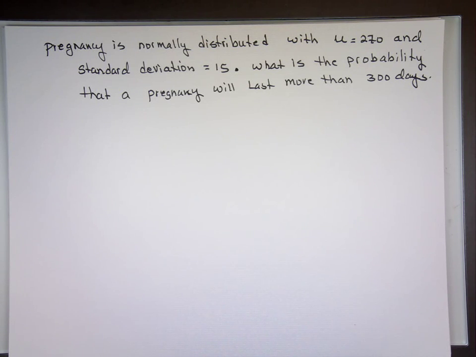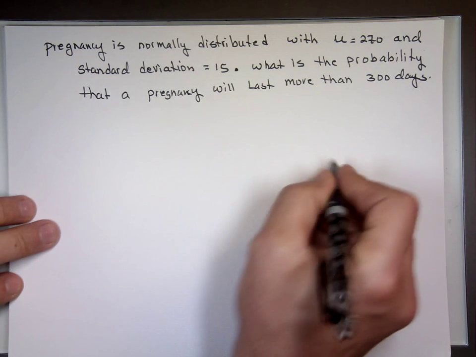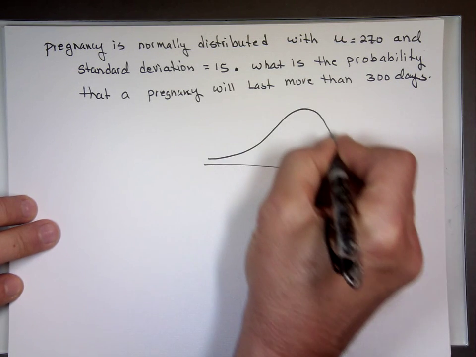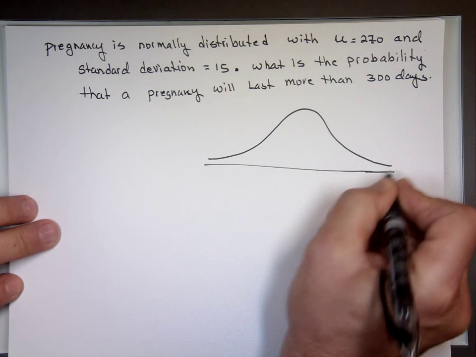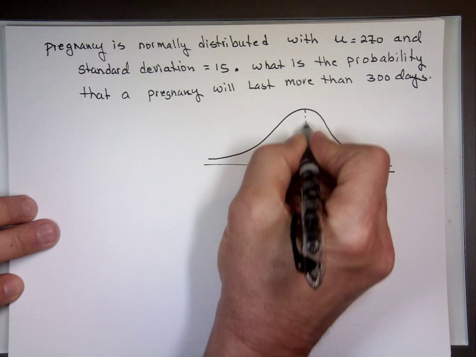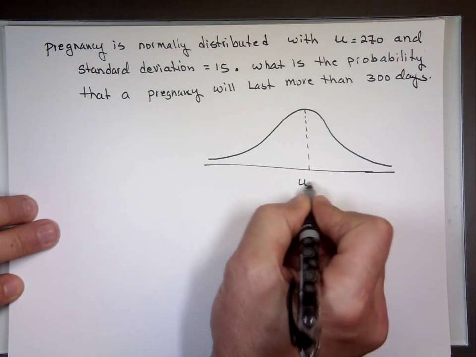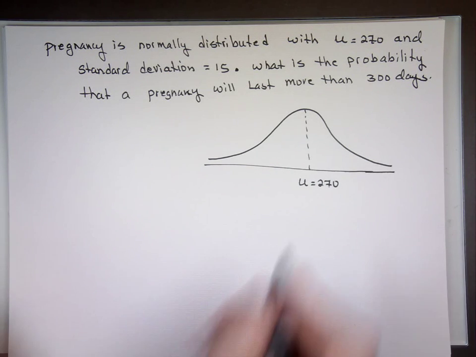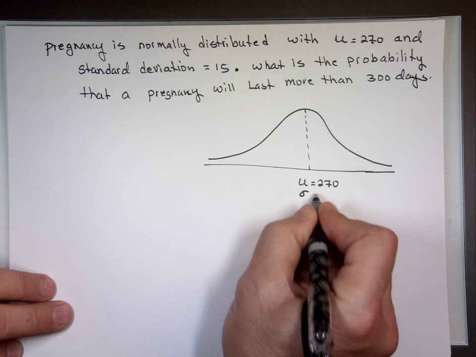Notice we're dealing with probability now. The way we solve these, we take the problem and look at it not in terms of the z-scores, but in terms of the real scores that we have. It says pregnancy is normal distribution. It looks like this. And this is your average, right smack in the middle. The standard deviation, I'm going to write it down under that, is 15.